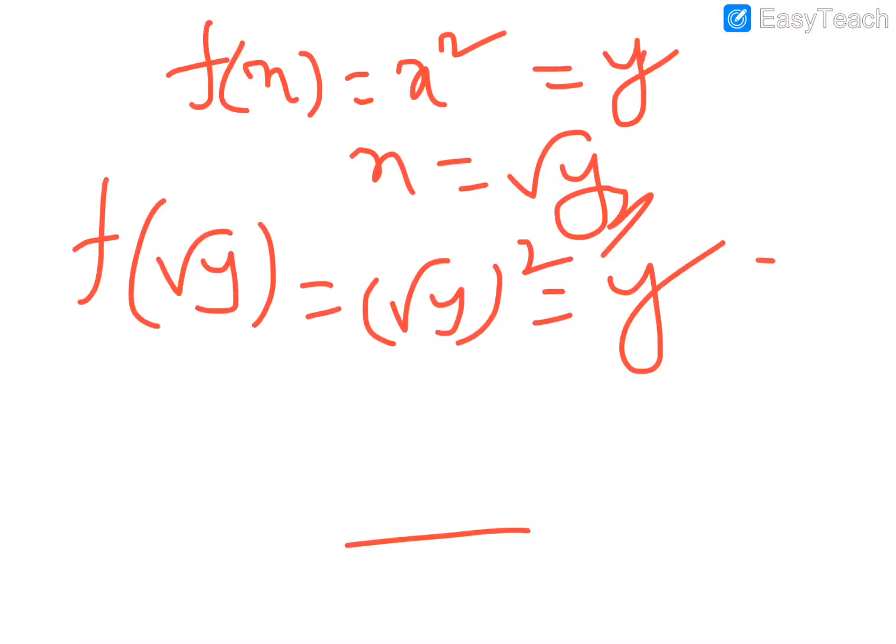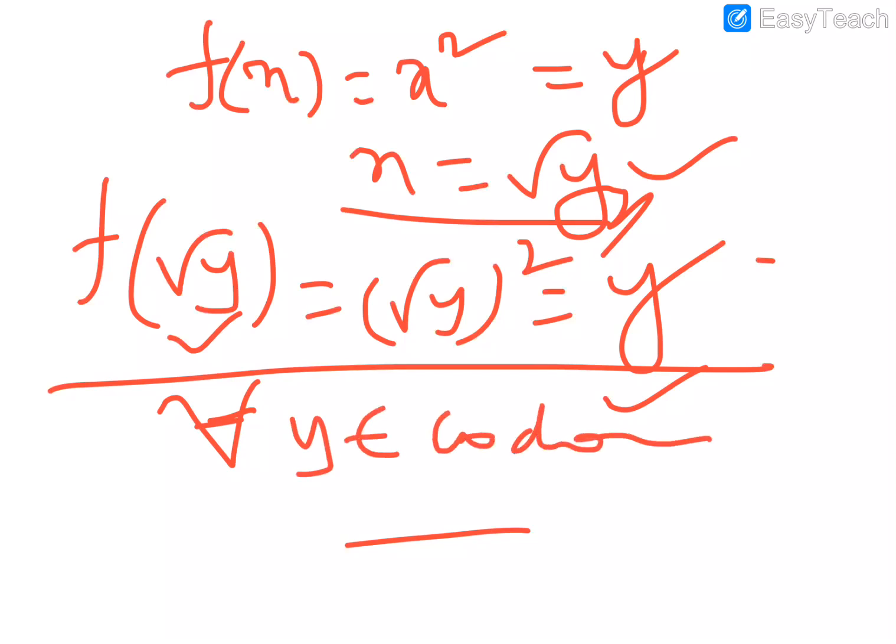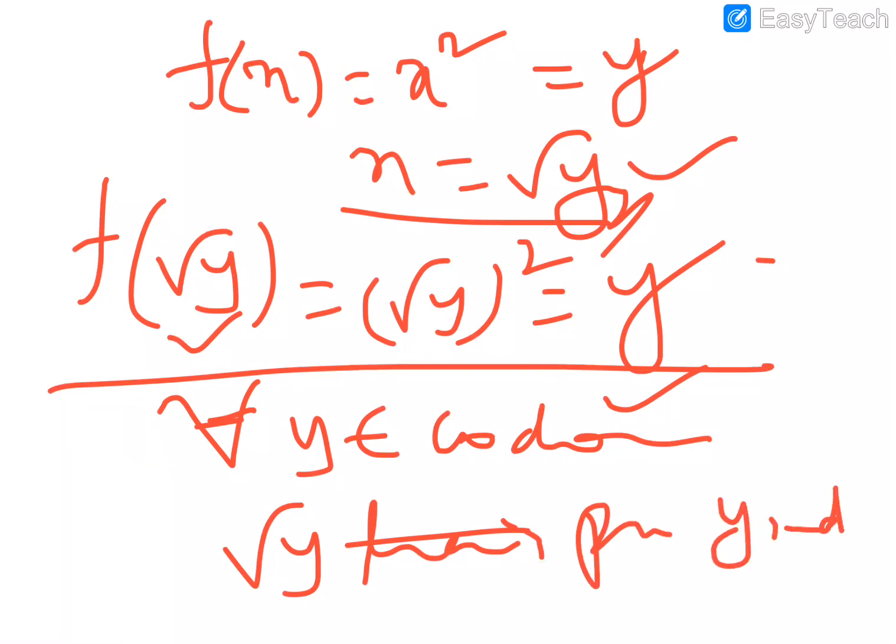What is the catch here? You might be thinking, since x is equal to root y and you are substituting here and getting y, for all y belongs to codomain, root y has a pre-image in domain. You might be thinking like that, but is root y defined for all values? No, root y is not defined for all values. Root y is not defined when y is negative.